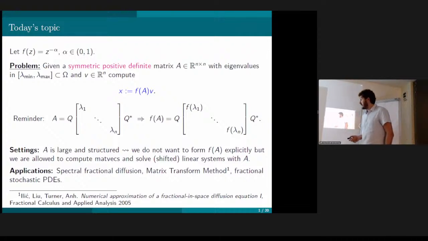The setting we are interested in is when A is rather large, so that we are not allowed to form f(A) explicitly, but we may have some additional structure beyond positive definiteness. Maybe A is sparse, so that we can cheaply evaluate matrix-vector products and solve shifted linear systems.